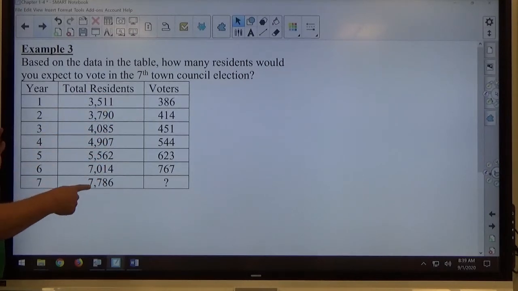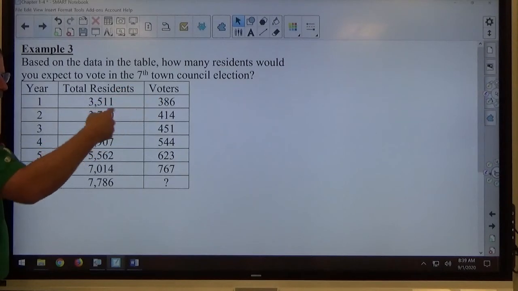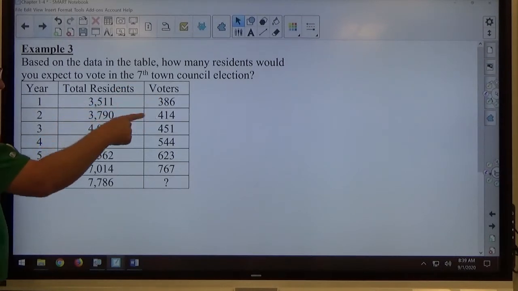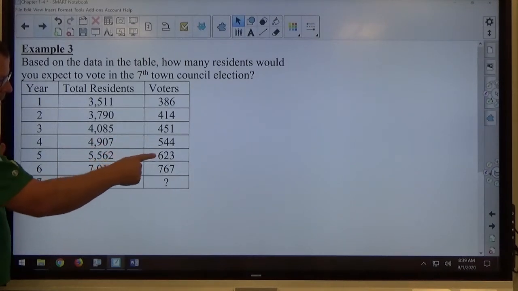We have actual information about how many people are in the town, and the only thing we're missing is how many voters we have there. So when you have a kind of binomial set of data, where you have two numbers, one number compared to another number, this got bigger, that got bigger, this got bigger, that got bigger.